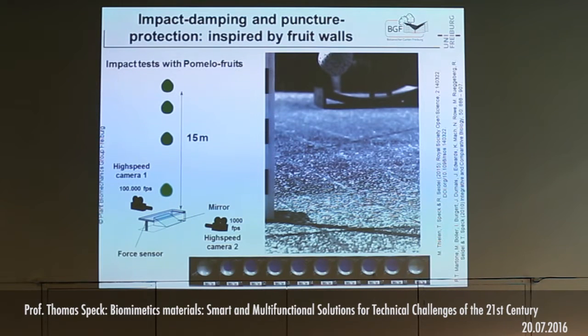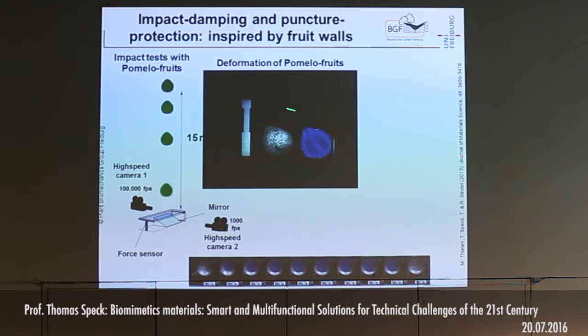And the answer is simple again, if you really get the clue to understand it. These fruits are very clever in transferring local impacts to global answers. The surface of the impacting zone, the outer surface of the fruit which really gets in contact with the soil, is about 10 to 15% of the entire surface of the pomelo.